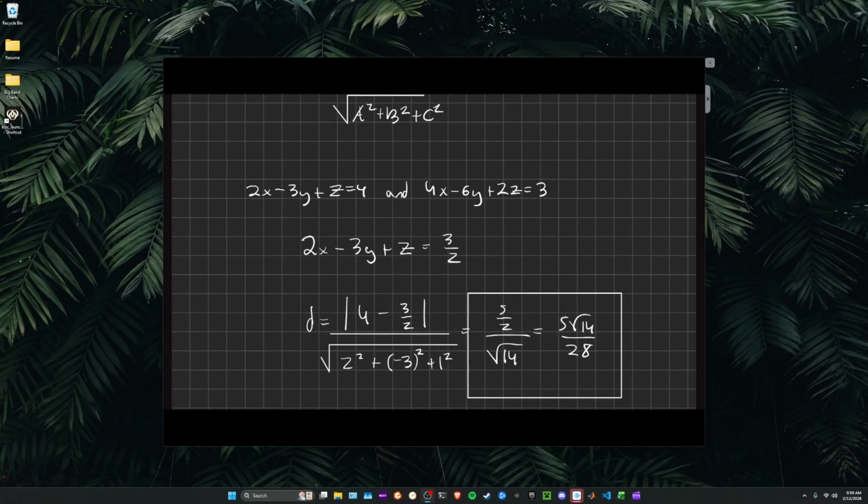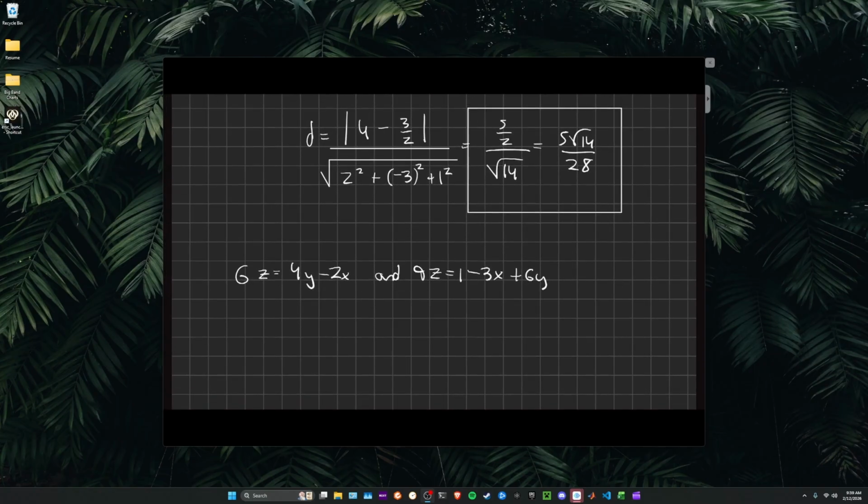And then do the same process. Just look at, okay, what do I need to divide by in order to make this plane be equivalent to the other one? And then plug it into the distance formula. And you should get something like root 14 over 42, or some equivalent to that. Okay.